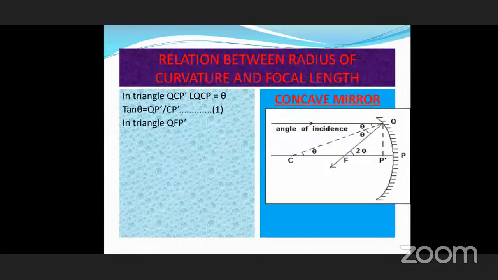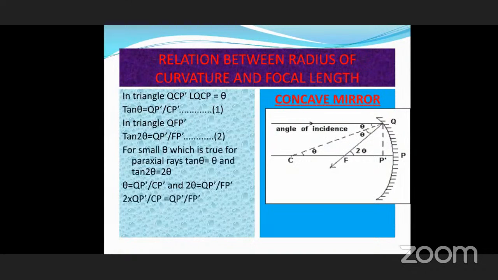Now let us see the relation between the radius of curvature and focal length. This is also shown for a concave mirror. We have taken a concave mirror on the right side, and here P is the pole of this concave mirror. The polished surface is represented by these lines, and the line CP is the principal axis.